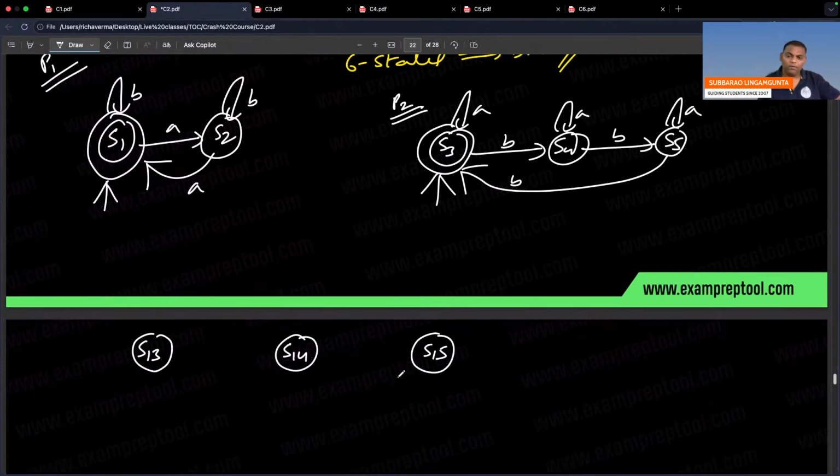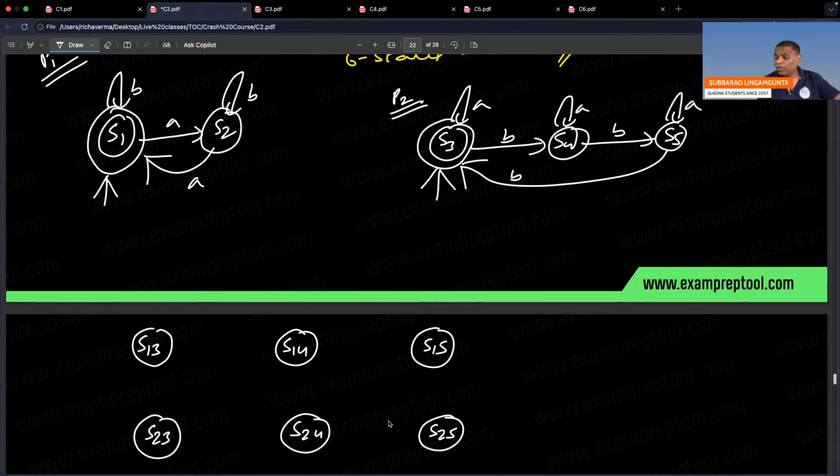Similarly, the second state S2 is multiplied with all the states of the second problem: S2, S3; S2, S4; S2, S5.